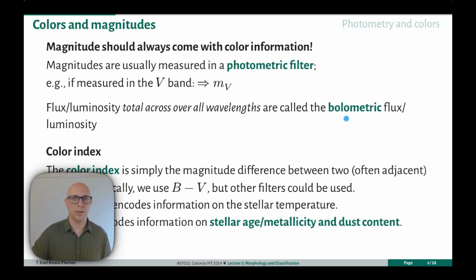But such a number is often quite practical to use for, should we say, theoretical purposes or for modeling purposes, but they're not very practical to work with for observational purposes.